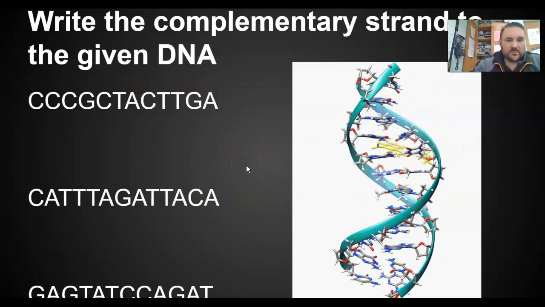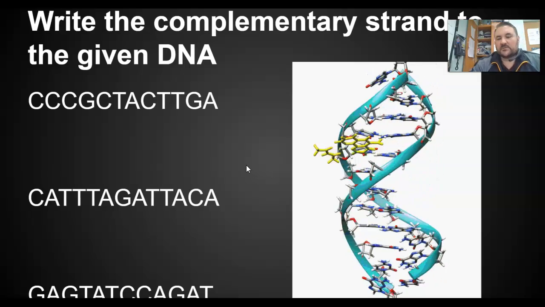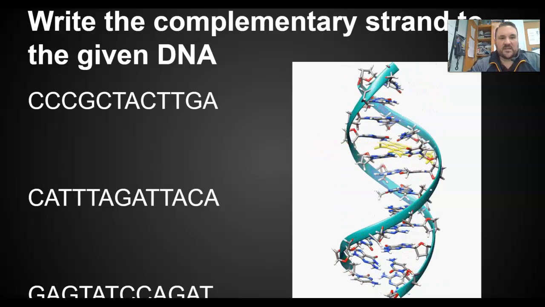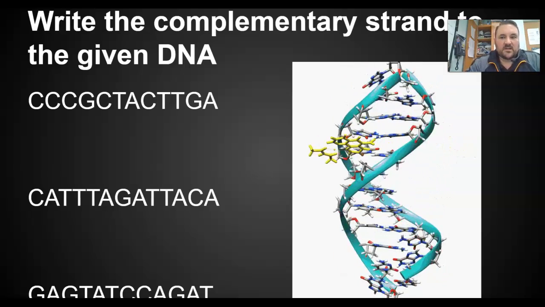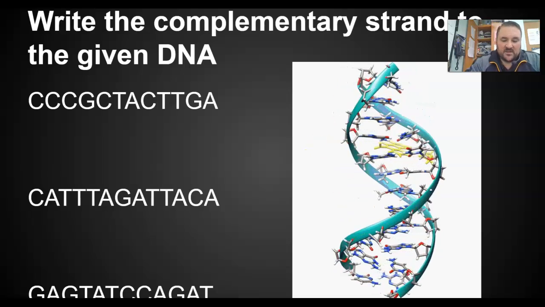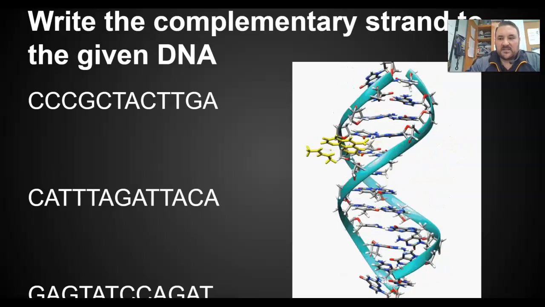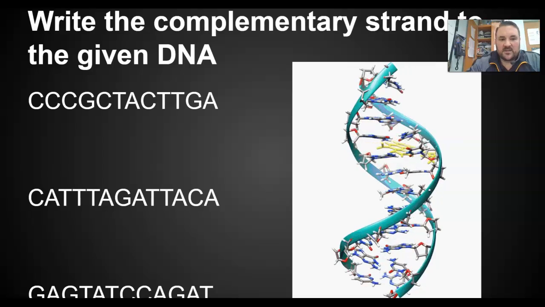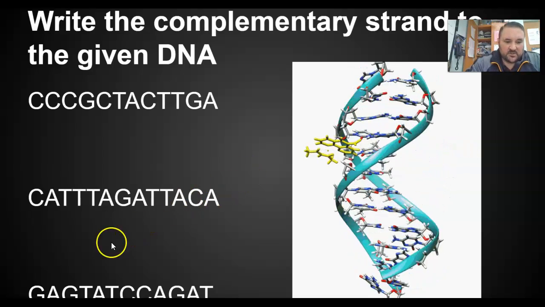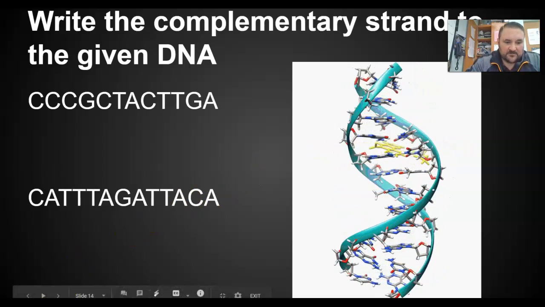Before you can build your protein, you've got to know how to do complementary strands and how to replicate your DNA. To write a complementary strand of DNA, you have to go A to T, C to G. All tigers can growl. So here are some practice ones.